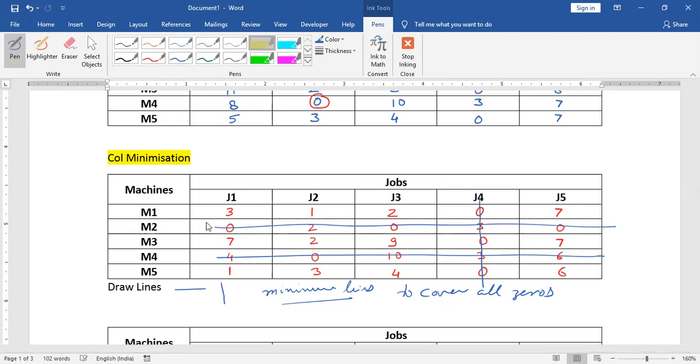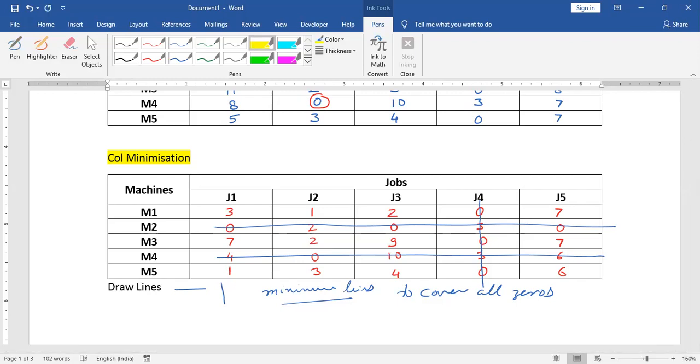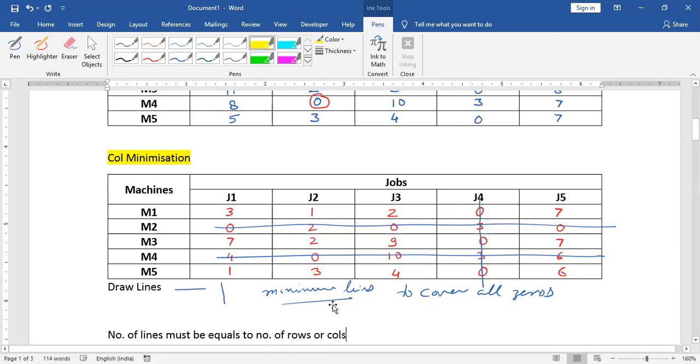If you see, there is one condition. What is that condition? The number of lines must be equal to the number of rows or columns.